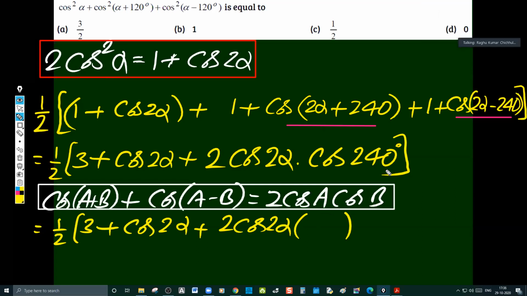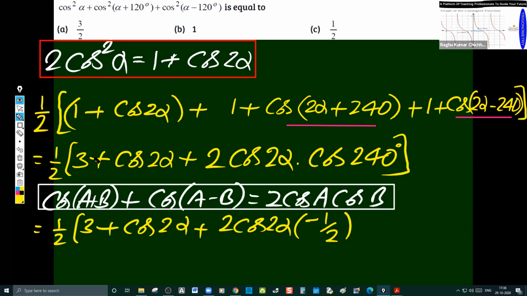Now mind calculation, cos 240 value. I expect it. Minus sin 30. Yeah, tell me the final value. That's minus 1 by 2. Minus 1 by 2. That's good. Now that 2 getting cancelled. These two getting cancelled.